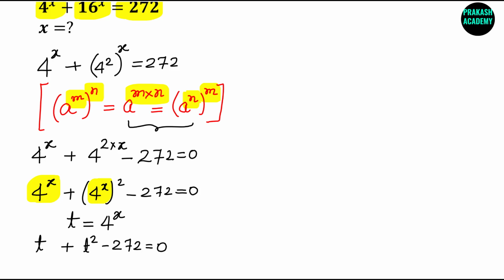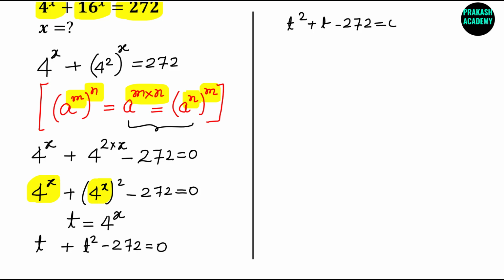So now I have to factorize this to get the value of t. So we can rewrite this as t square plus t minus 272 is equal to 0.